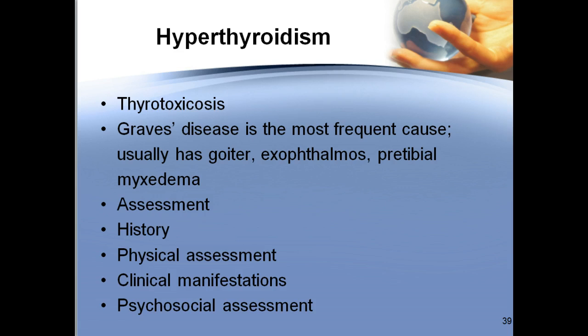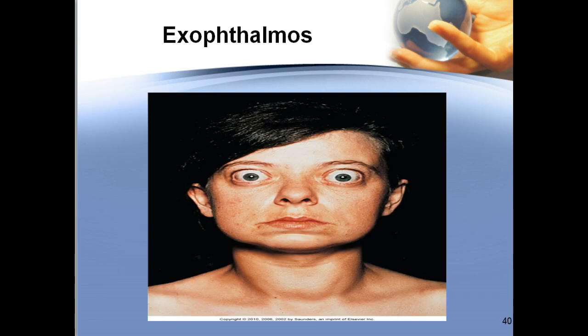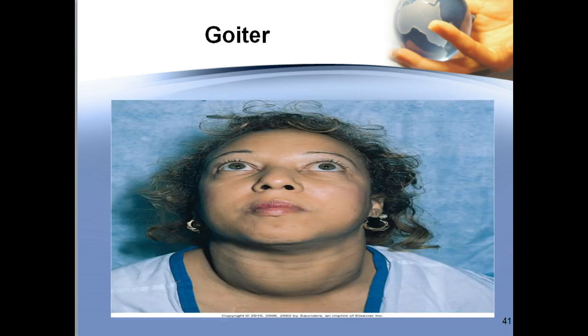Graves' disease is the most frequent cause. Usually there is a goiter, exophthalmos, which I told you guys was the bulging eyes, and pretibial myxedema. Here's a picture of someone with exophthalmos, and here's a picture of someone with a goiter.